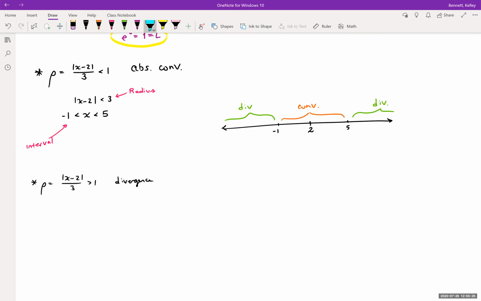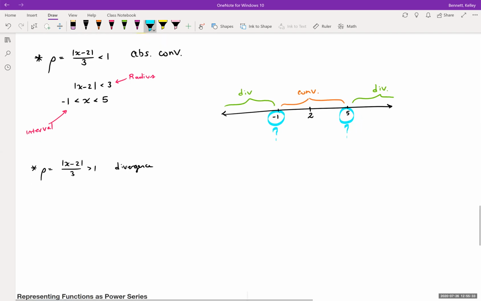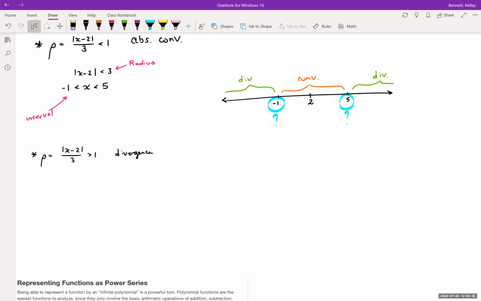Like right at the point, I haven't made an assessment. So the next thing I'm going to do is test at the points -1 and 5.